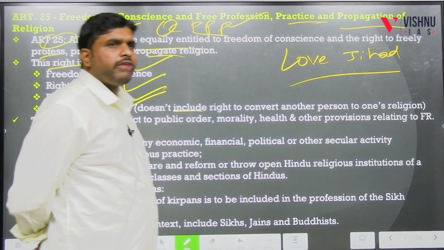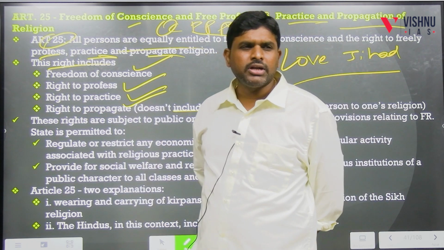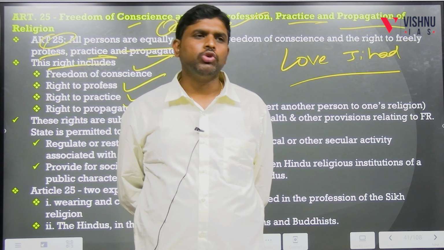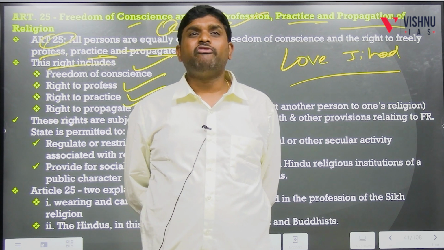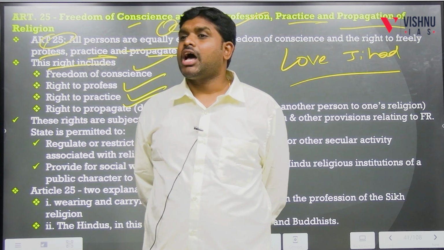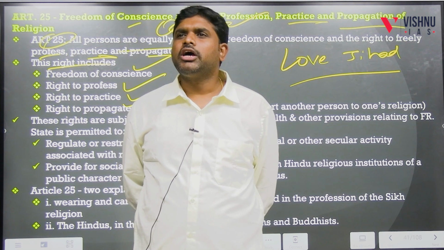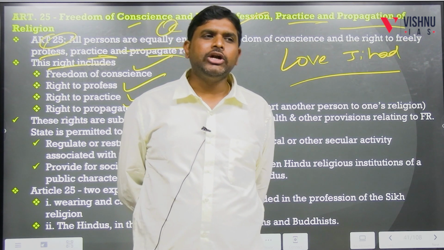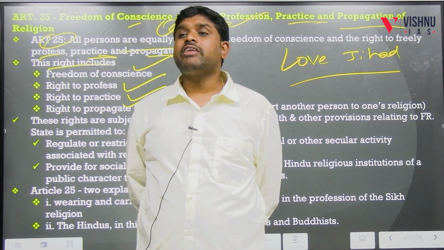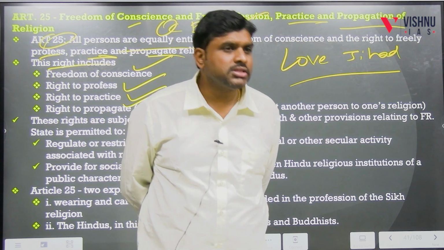There is a concept, which can be an allegation, or some section of people say it's true, basically a conflict between the two religions, Islam and Hinduism, whereby Hindus of one section, of one community, of one state or one particular group accuse that Muslim men are trying to lure Hindu girls and get them married. After marrying them, they convert them to their religion. Only for the sake of conversions, they make a fake affair. That is the concept called love jihad.